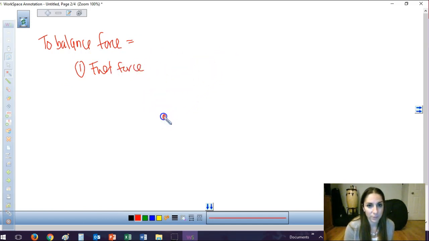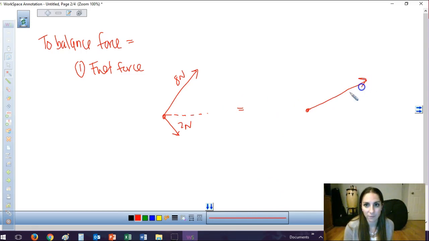Just quickly, we had an 8 newton force like this and a 2 newton force like this, with angles and so on. What we did is find the net force, which looks more like this, of 10.14.